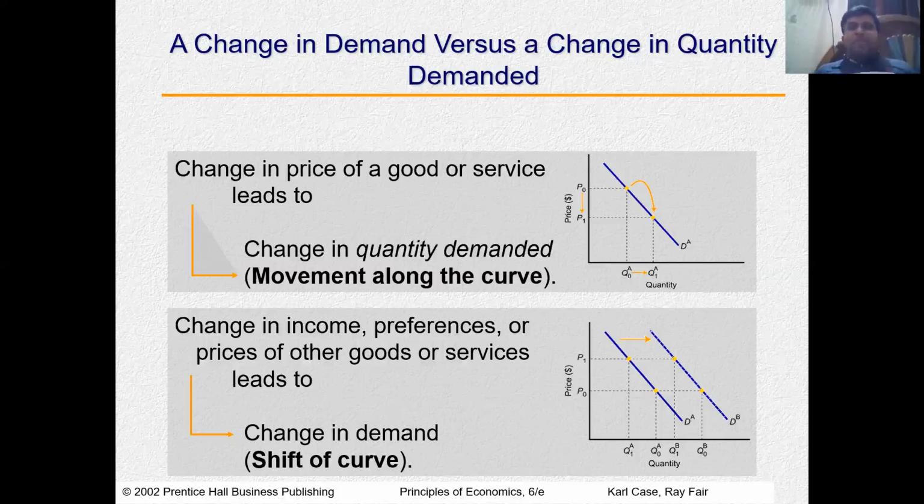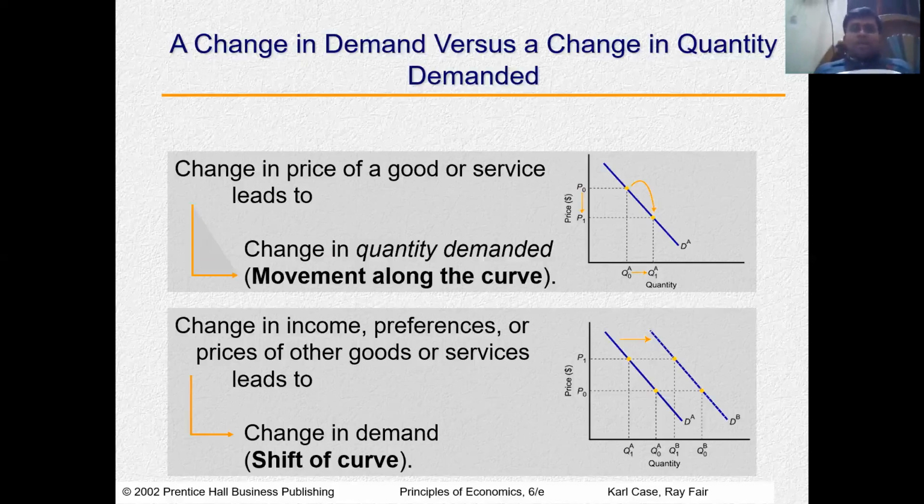So here we need to make the difference. If the change in quantity demanded is due to the price of that specific good or service, then we move along the same demand curve, rightward or leftward. If we move rightward, then we call it extension in demand. And if we move leftward, then we call it contraction in demand.